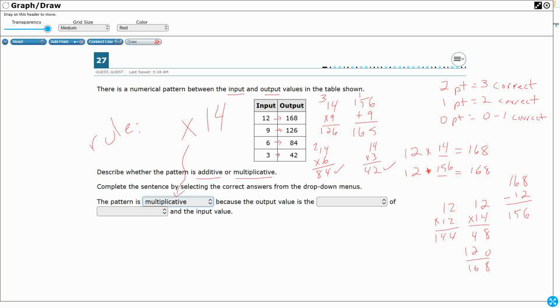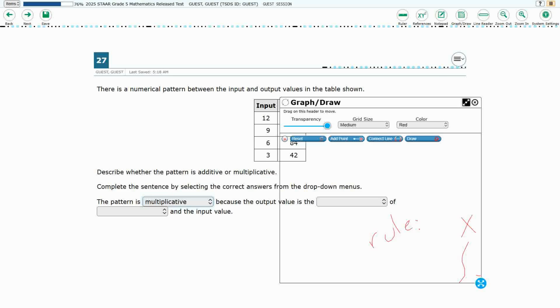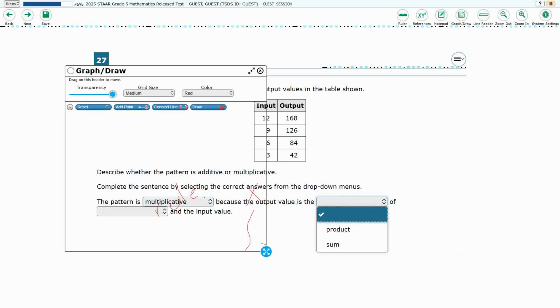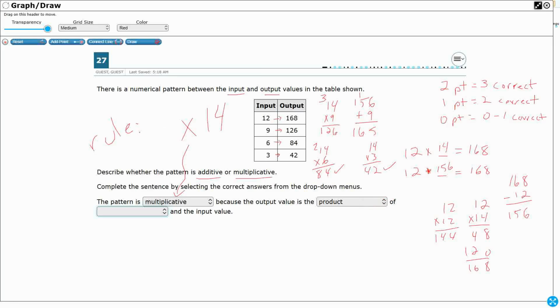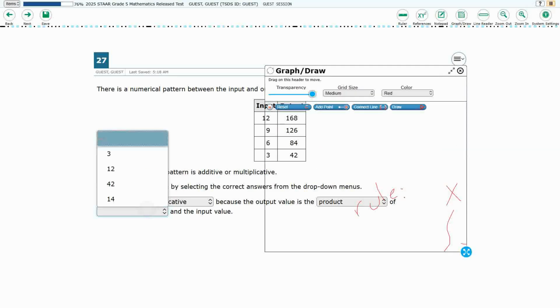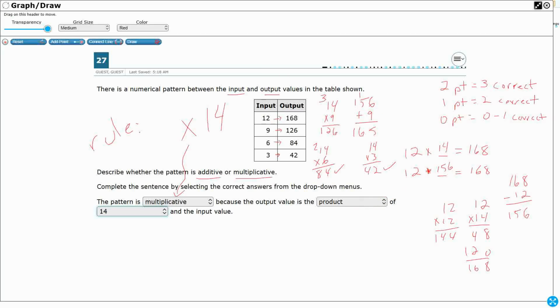Because the output value is the what? Product or sum? Well, product goes with multiplication, sum goes with addition. So product of blank and the input value, what was our rule? What do we multiply it by? Well, we did the input times 14. And that, then, is going to be our answer. Multiplicative, product, and 14, and that gets us 2 points.